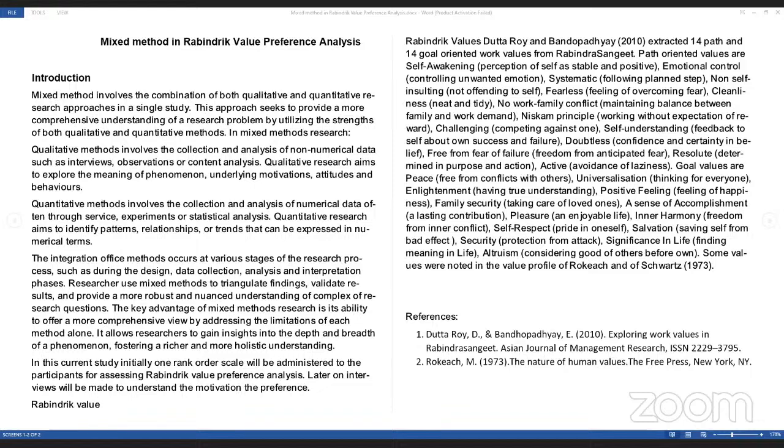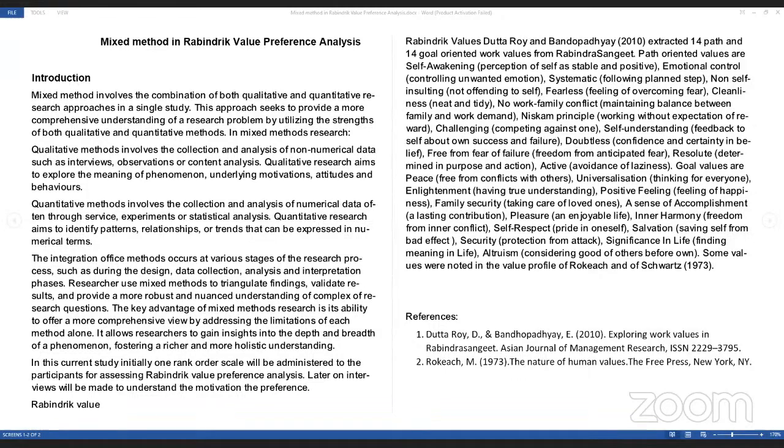Introduction includes this. I am reading, and if you have any problem, please ask me. Mixed method involves the combination of both qualitative and quantitative research approaches in a single study. This approach seeks to provide a more comprehensive understanding of a research problem by utilizing the strengths of both qualitative and quantitative methods.